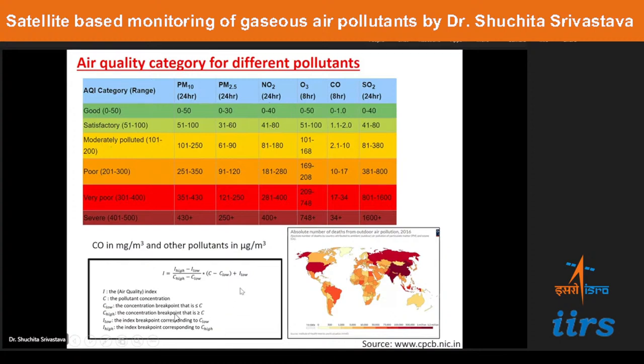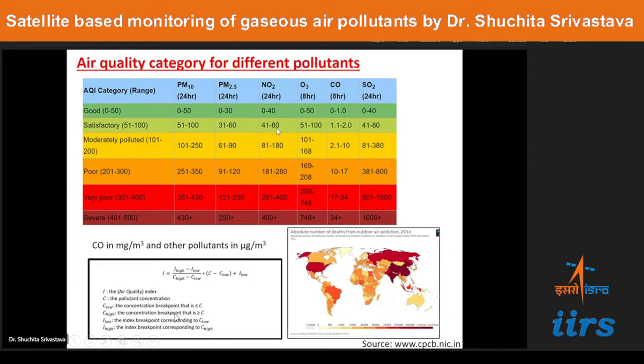In this equation, C is the observed concentration, which is 50 microgram per meter cube. C low and C high are the range within which that concentration falls, so 41 and 80 become C low and C high respectively. I low and I high are the index in this range, so 51 and 100 respectively. So if you have measured the concentration for one particular pollutant, you can calculate the air quality index for that pollutant using this formula, right?